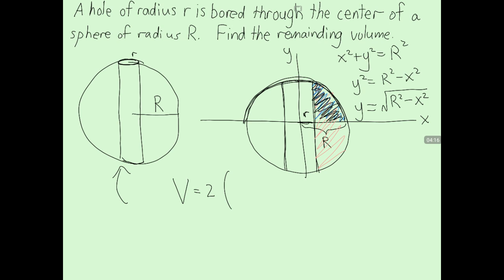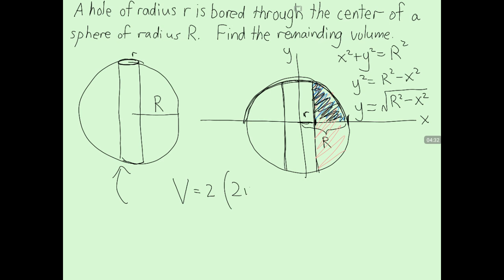The shell method tells us that we want our shells to go from little r all the way to big R. So we're starting here, and we're making shells all the way to here.